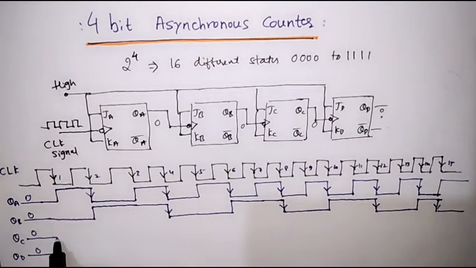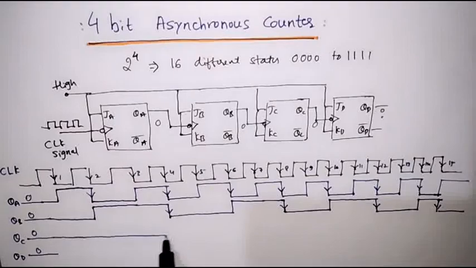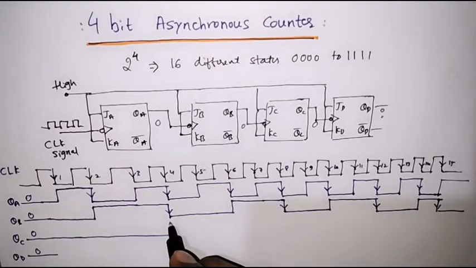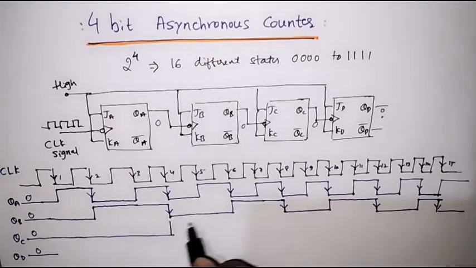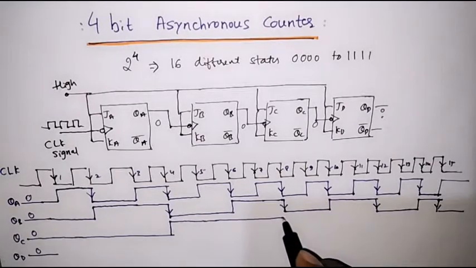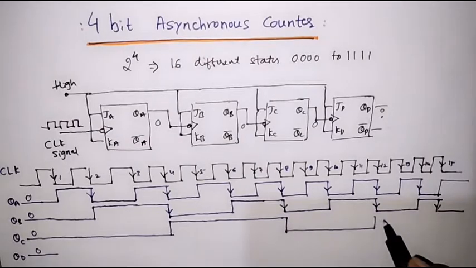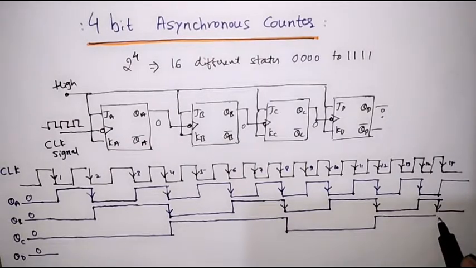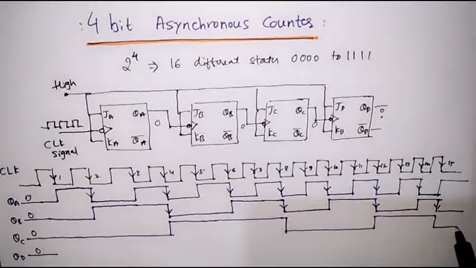So this 0 will continue till the first negative edge of QB, and it will continue till this negative edge. Here it will go down. Again here it will become high, and here it will become low, and this process will continue.